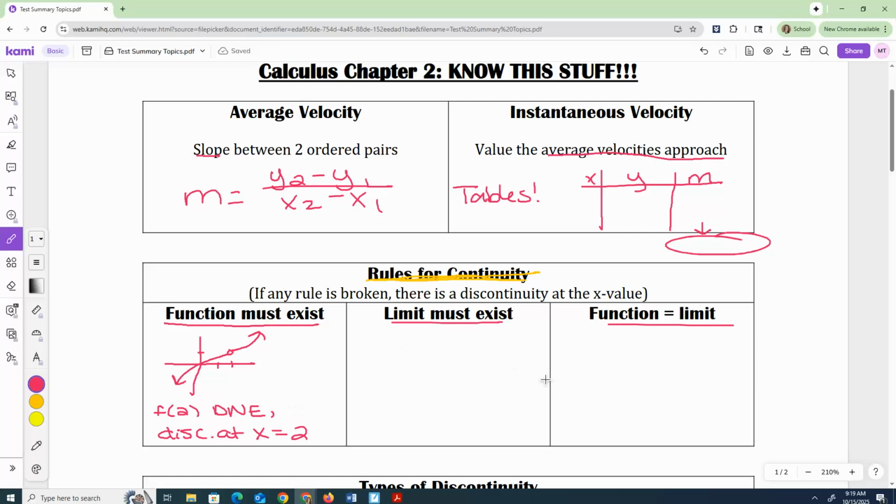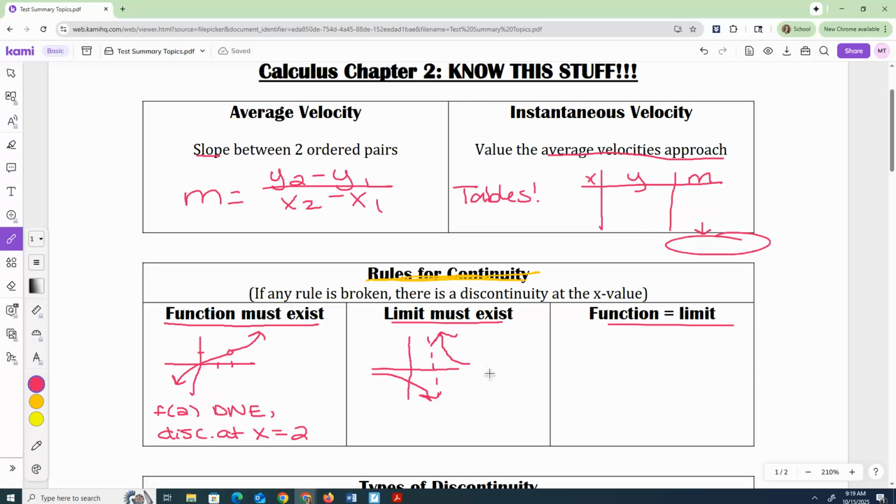What would be a situation where there isn't a limit? Okay, so something like this one's going down, and okay, the limit doesn't exist there.